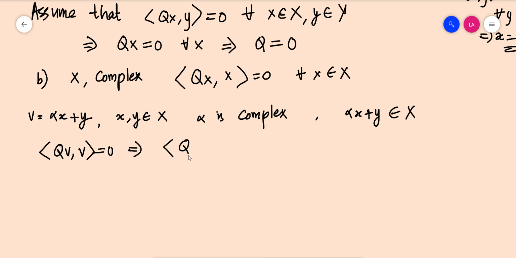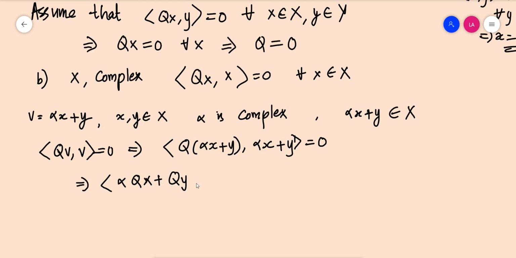Now replace v by alpha x plus y. This implies <Q(alpha x plus y), alpha x plus y> is equal to 0. Now since Q is a linear operator, this can be written as <alpha Qx plus Qy, alpha x plus y>.